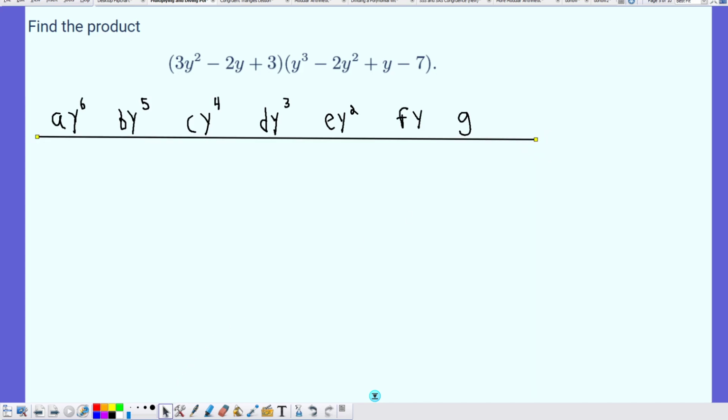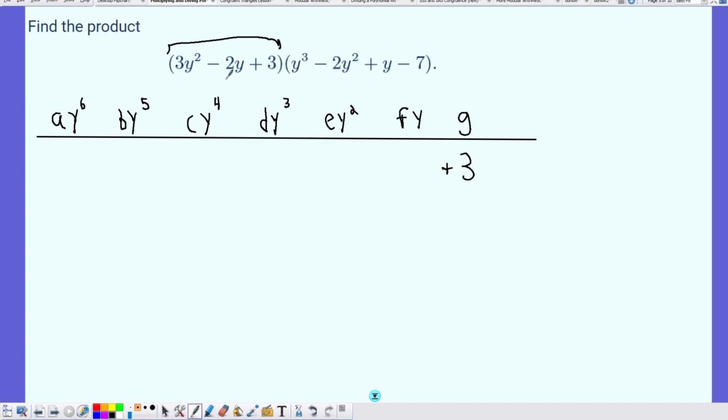So this is how I'm going to group my terms in each parenthesis. So for example, my constant, which is represented by this g, would be the first parenthesis's 3, the value without a y term, specifically a positive 3.